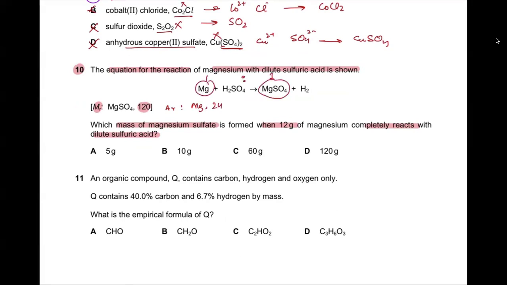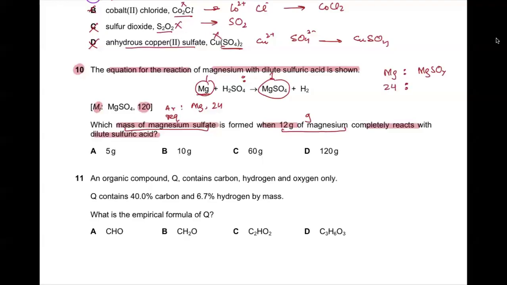They have given you the mass of magnesium and the required is the mass of magnesium sulfate, right? So you can do directly the ratio of magnesium and magnesium sulfate. How many magnesium are used in the equation? One magnesium is used, 1 mole, so its mass is going to be 24.